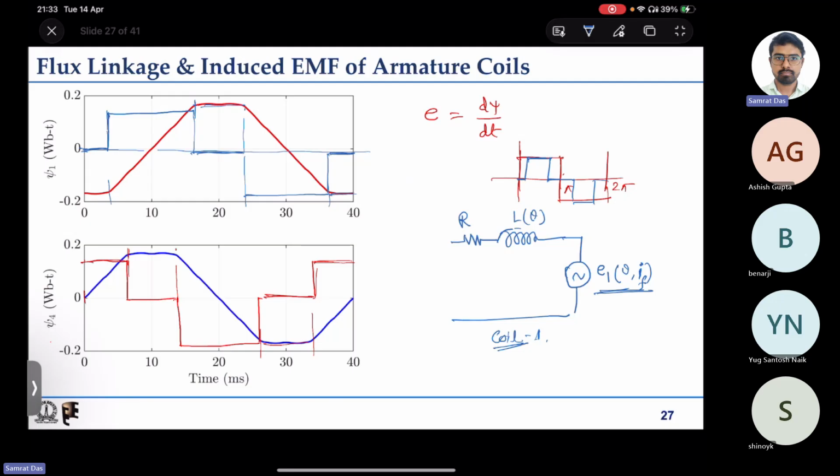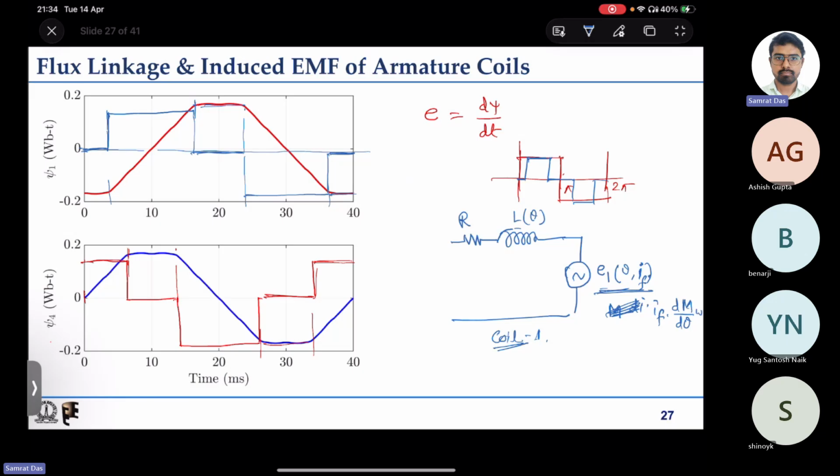So this E is actually dependent on the mutual inductance between the two coils. This is the mutual inductance between coil 1 and the field winding, times the field current into dM by d theta, into omega, of course.